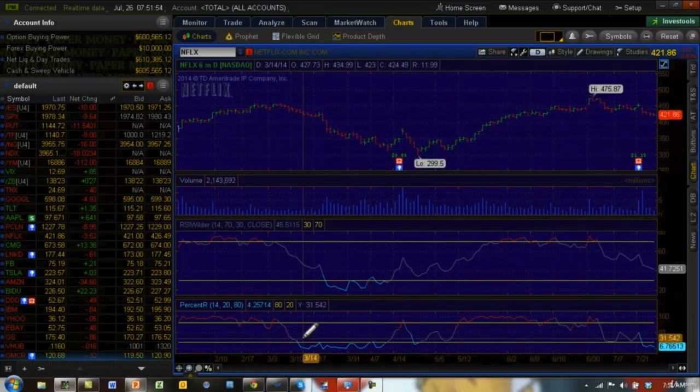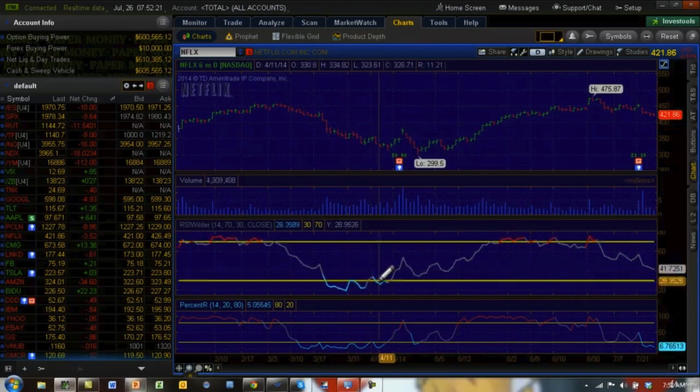And the percent R gives you pretty accurate signals. It's not going to give it to you exactly at the top or the bottom, and no indicator can do that. However, the percent R gives you a fairly good early indication of the current sentiment of the stock. So when it enters this oversold area, you're looking at it as a bearish signal. Whereas with the RSI, you're looking at it as a reversal signal.